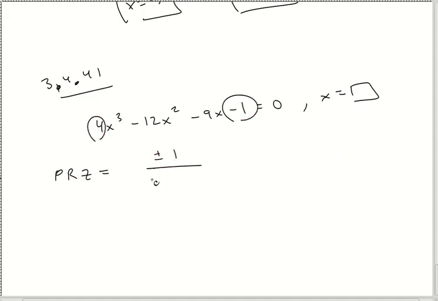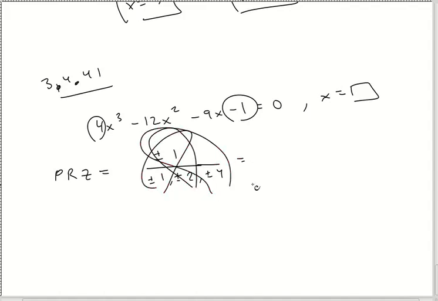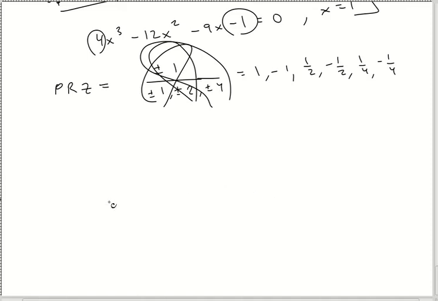Factors of the 4 are 1, 2, and 4. And so my list, if I wanted to list it out, everything divided by the 1, then divided by the 2, then divided by the 4. So I got 1, negative 1, 1/2, negative 1/2, 1/4, negative 1/4. So that's my list. Now let's start testing.